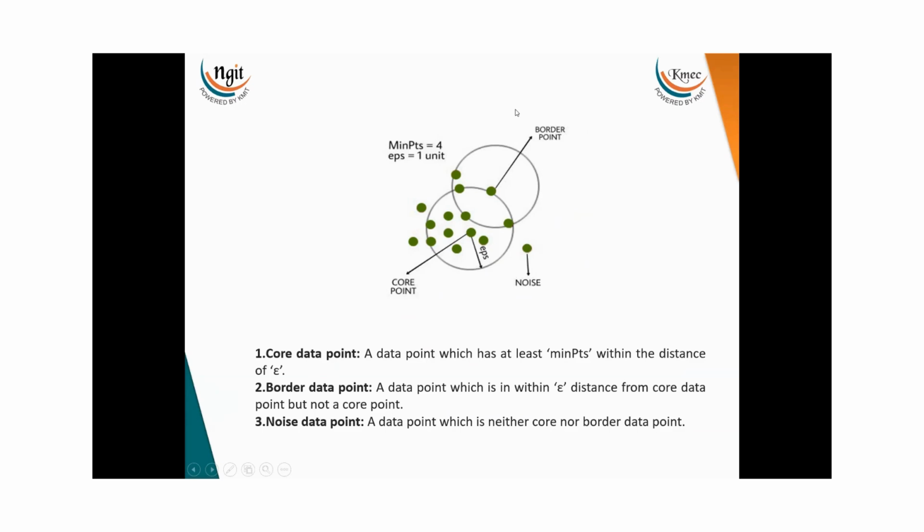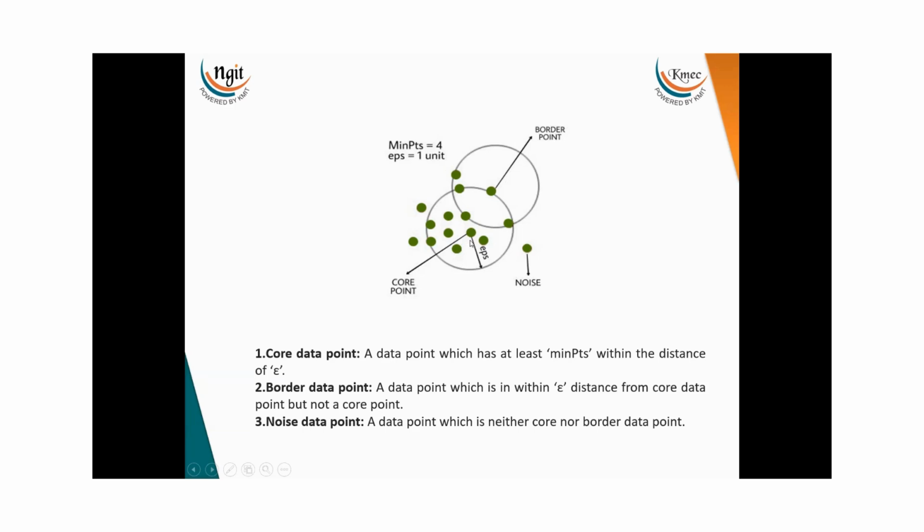Look at this example. Here we have epsilon as 1 unit. Let us consider this is a point and it has an epsilon, and using this epsilon there is a cluster. Within this epsilon, the minimum points here are 4, so we need at least 4 points.